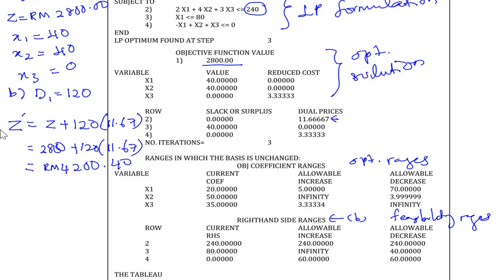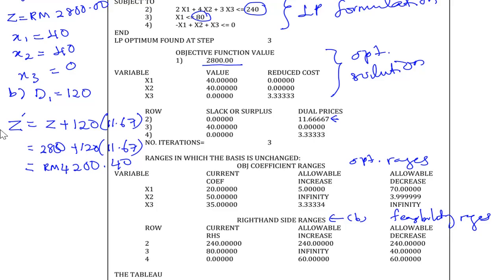Determine the effect of changing the maximum demand for bowl by plus minus 10 units. So for this one, it involves the second constraint, because before this x1 must be less than or equals to 80.